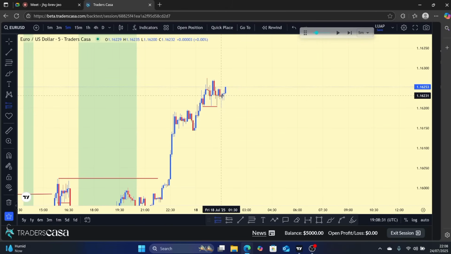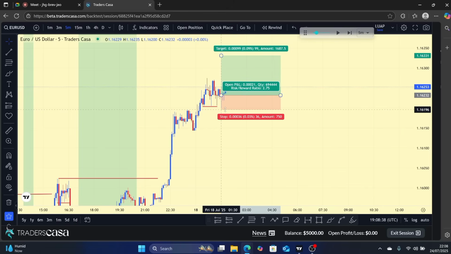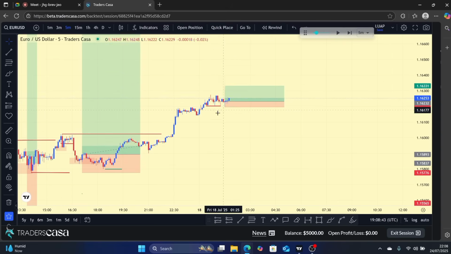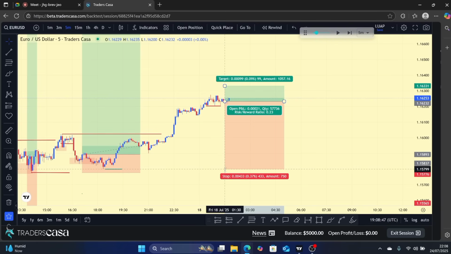So the entry was supposed to be exactly right there, after the closure of this long wick rejection. Stop loss, of course, in this case, with no doubt, you should be placing there, because it will not make sense for you to place your SL at the trading range low. You can clearly see how big that SL is, even if it's safe. That's not a reasonable way of doing it.